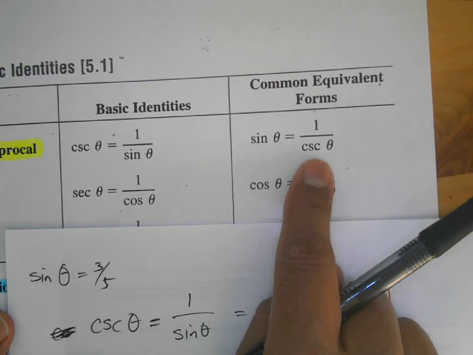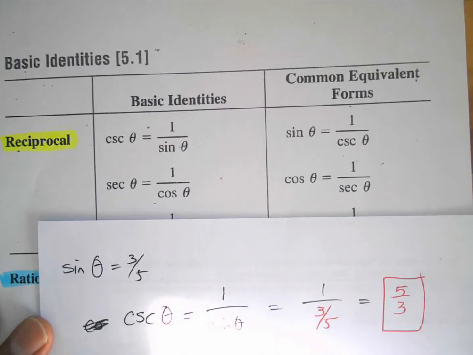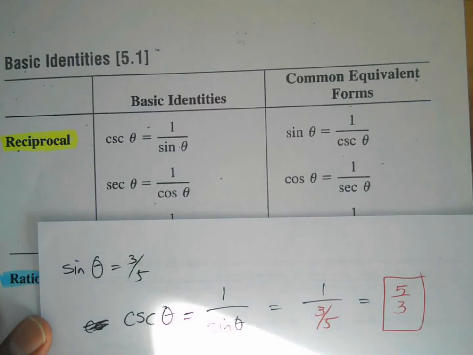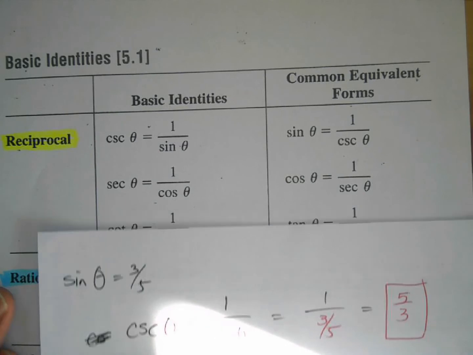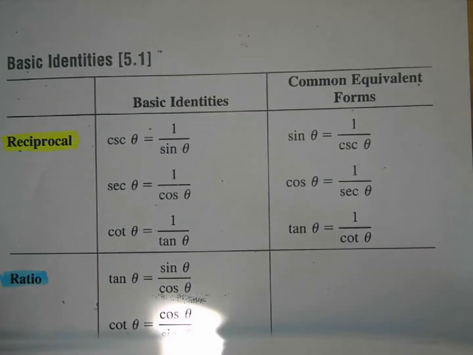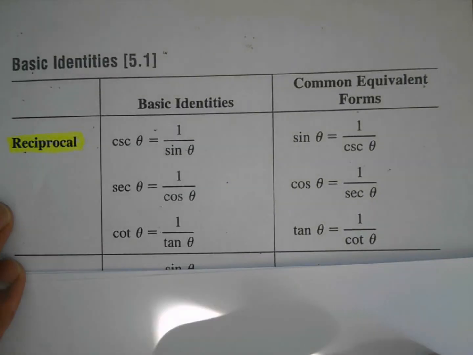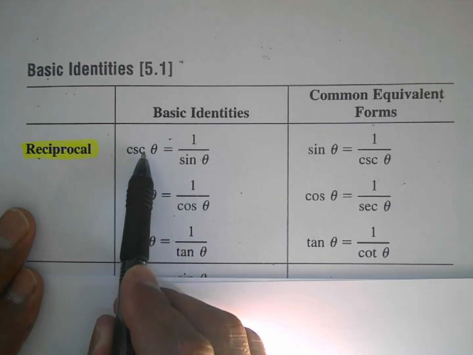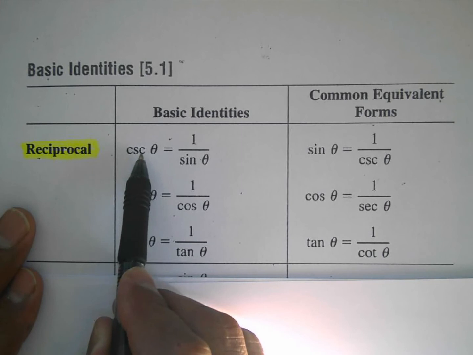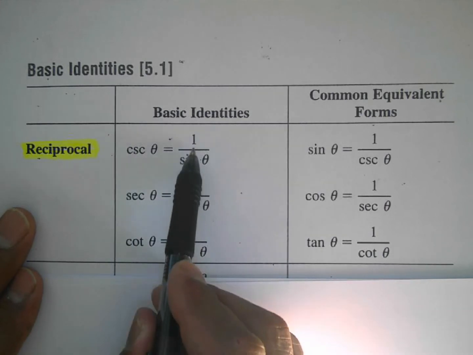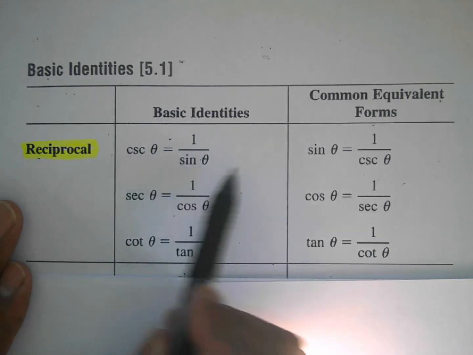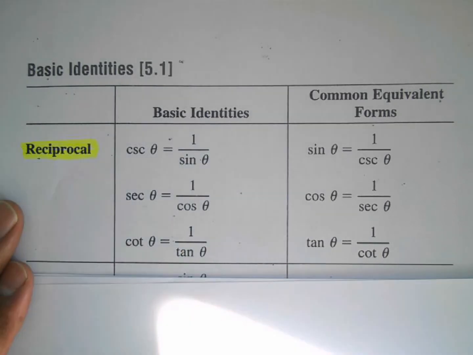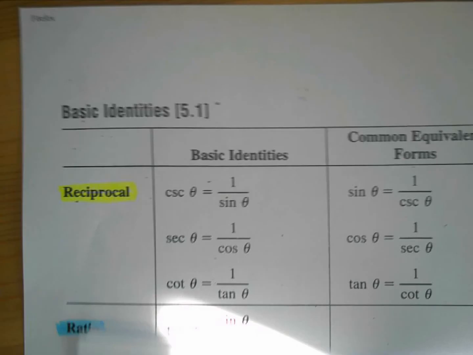Well, I flip it over, but this is the formula for it. Okay, so that's what these are. In order to get cosecant, this is saying I'm going to get 1 divided by the sine fraction, but it just flips it over. It just does the reciprocal, which is what we already know.